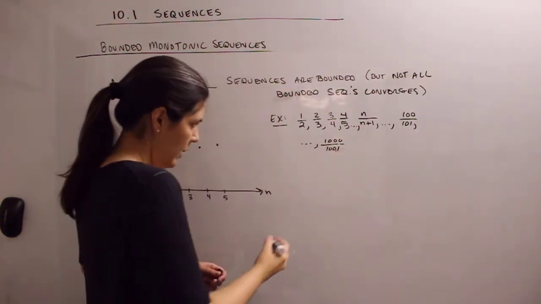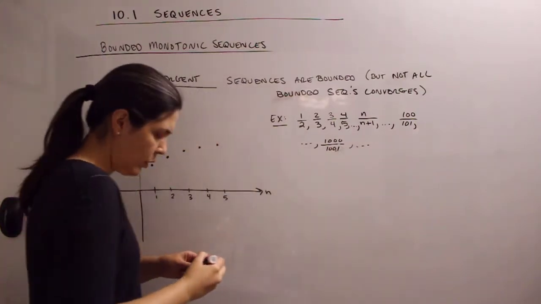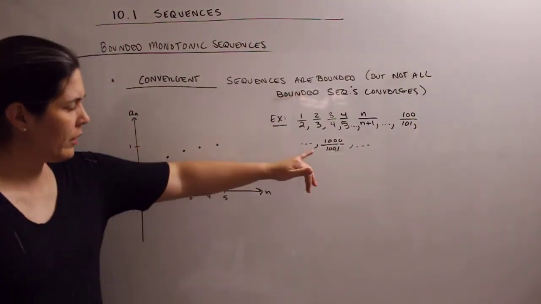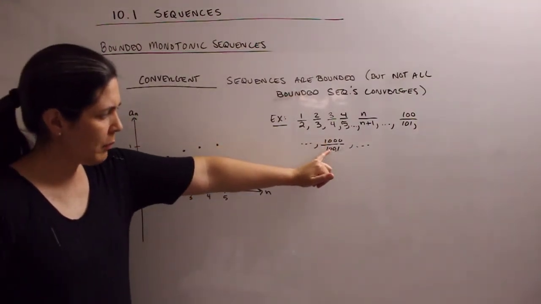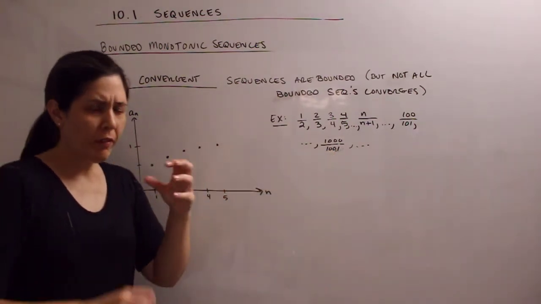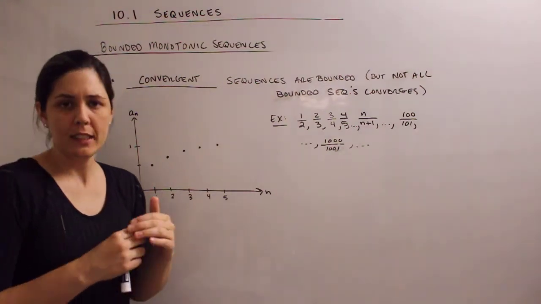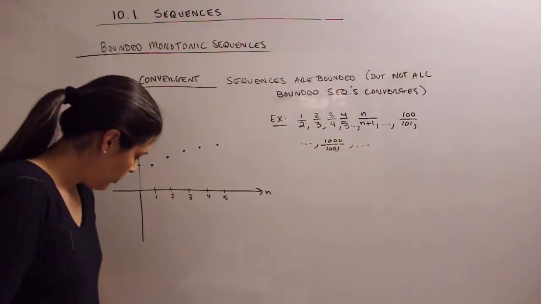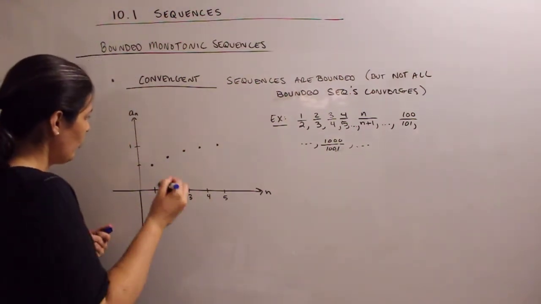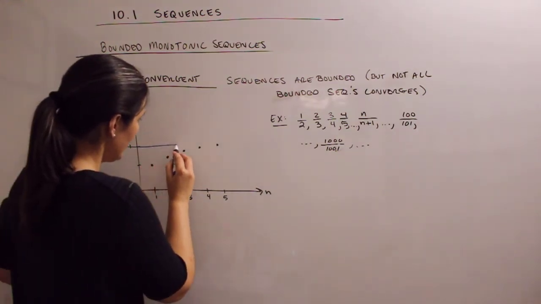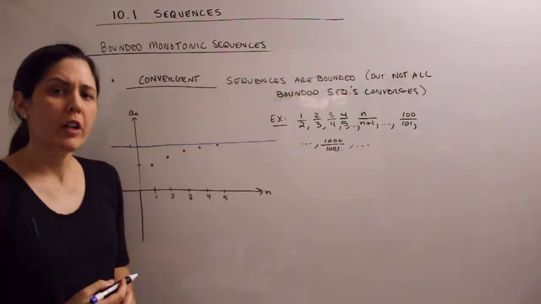If you realize what's happening here, you always have less on top than you do on bottom, so it's always a fractional amount, and it would always be less than 1. So what we say here is that 1 is an upper bound for our function.